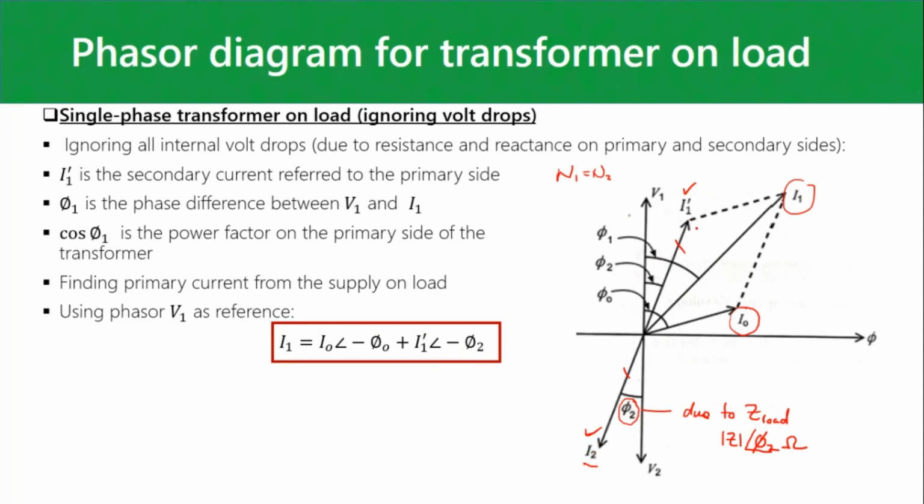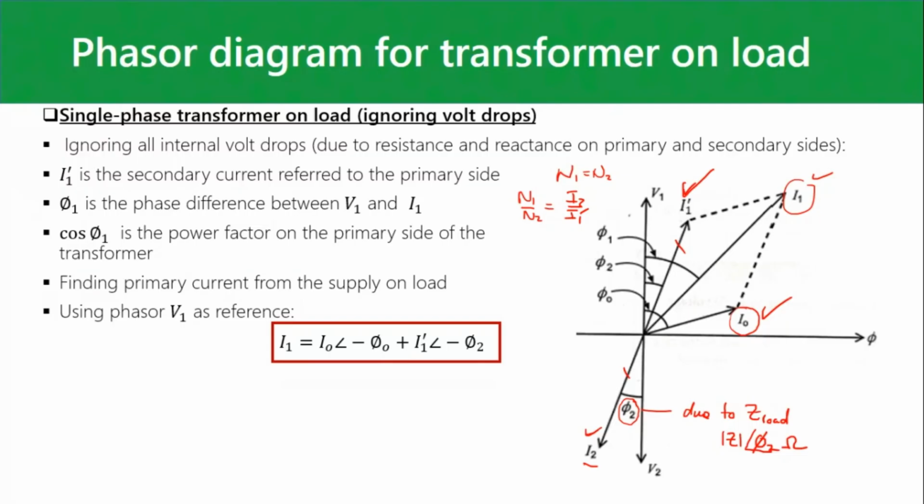You have to do that N1 over N2 equals I2 over I1 thing to get I1 prime like that. Okay, so then if you can get this and you get that, then you can work out I1. But you can only do the simple one if they say ignore the volt drops.